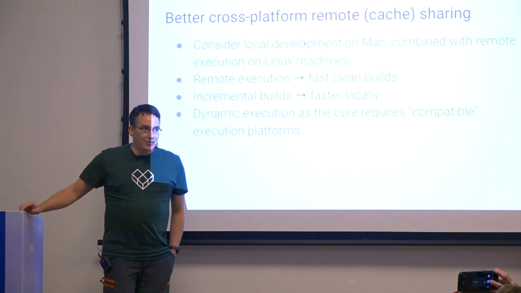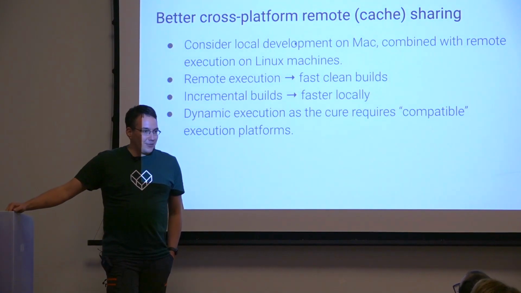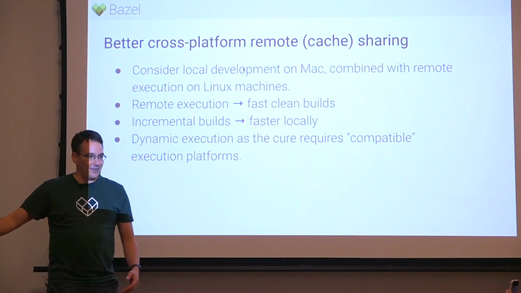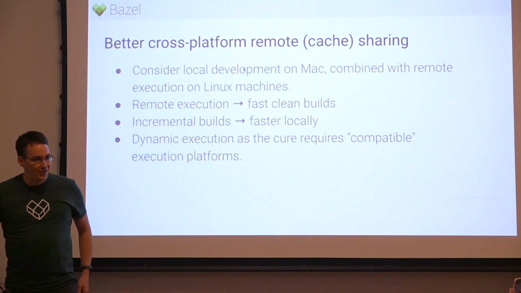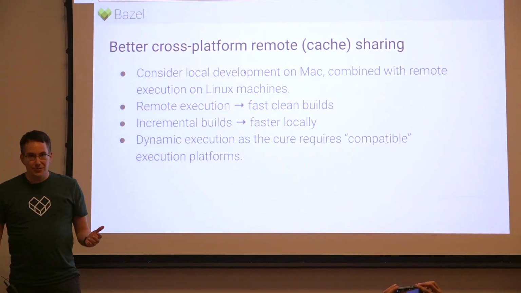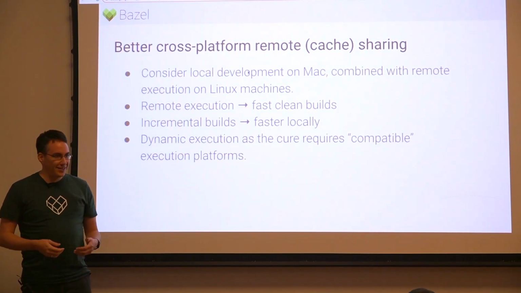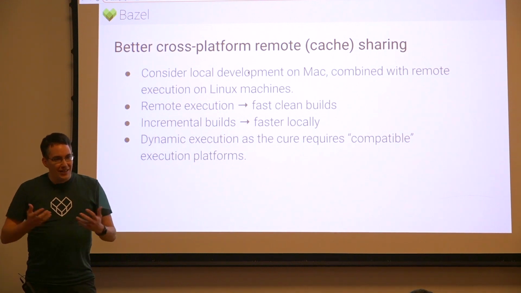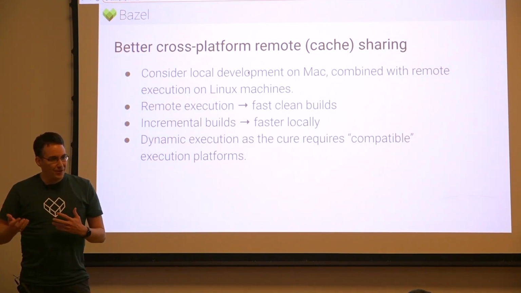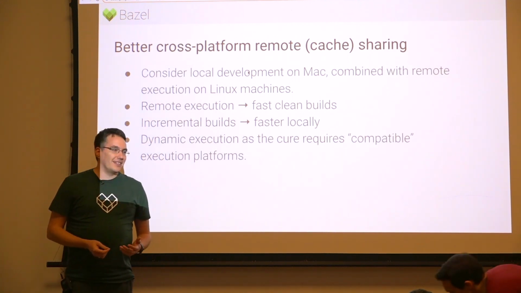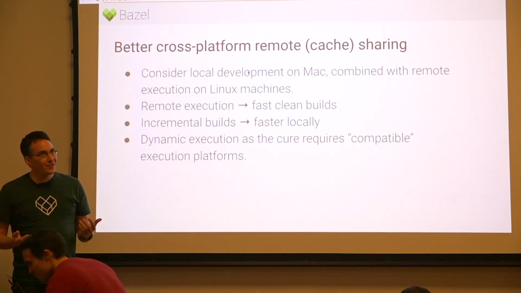So you might use remote execution today where you have a Linux machine locally and you have Linux RBE remotely, and that works fine. But then you have developers who love their Macs and they develop locally on their Macs. And that doesn't fit with Linux remotely. For clean builds, remote execution helps a lot.